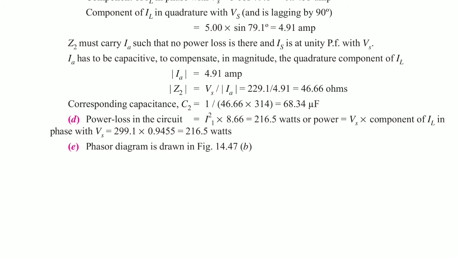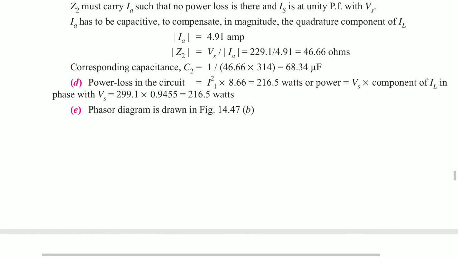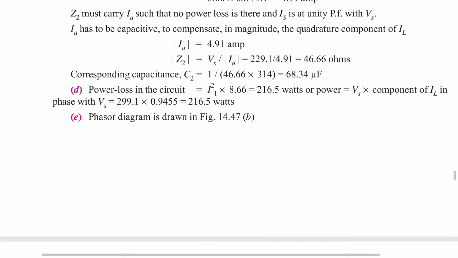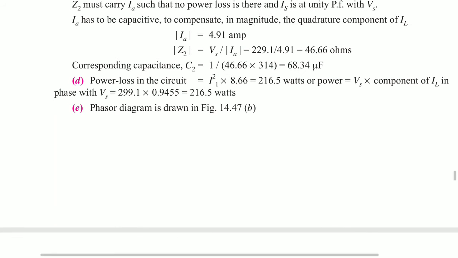Now Z2 must carry Ia such that there is no power loss and Is is at unity power factor with Vs. So Ia has to be capacitive to compensate in magnitude the quadrature component of IL.